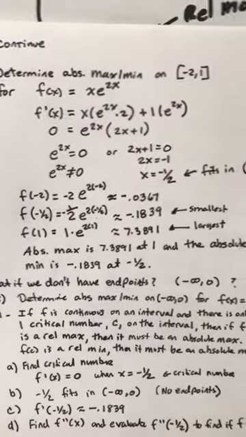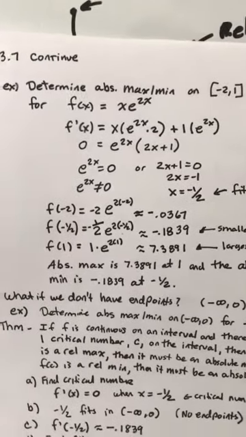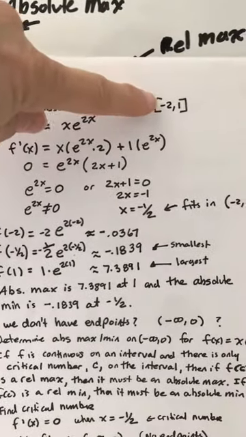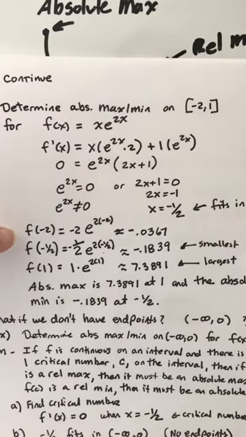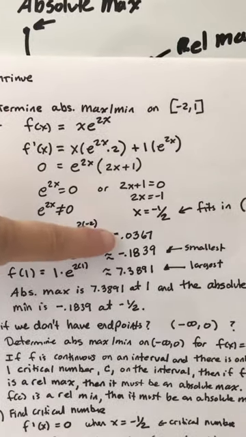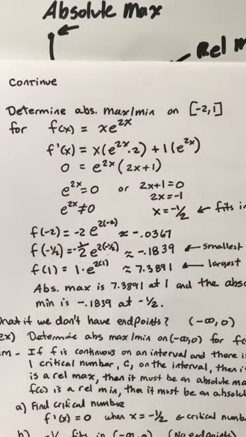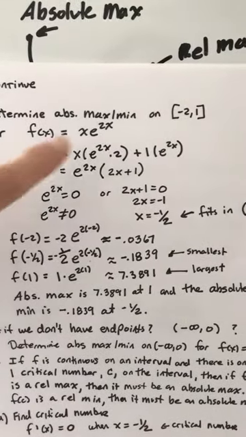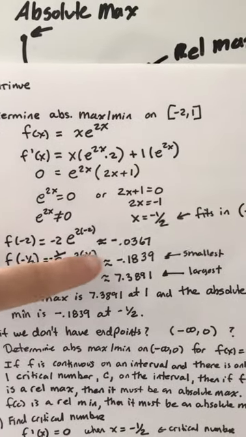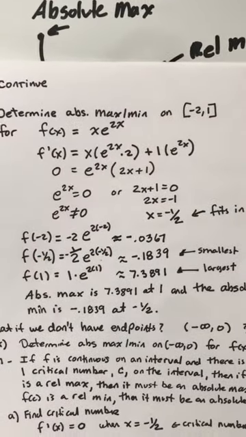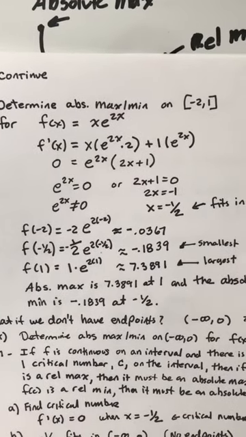Okay, so from here we're going to test. We test our endpoint, once again, -2, with this function. So f of -2 is approximately -0.0367. And then we test our critical number, -1/2. F of -1/2 is approximately -0.1839.